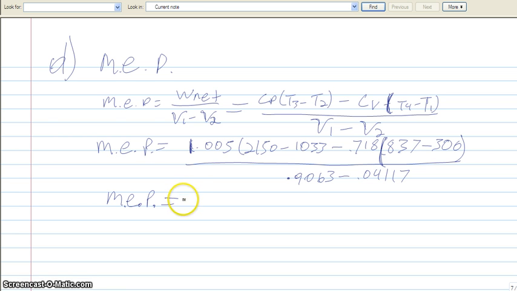the mean effective pressure is 852 kilonewtons per meter squared, because this is meters cubed per kilogram.